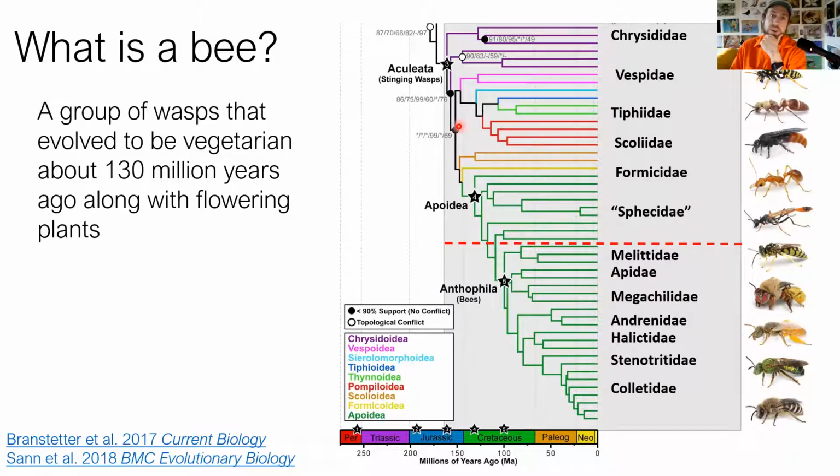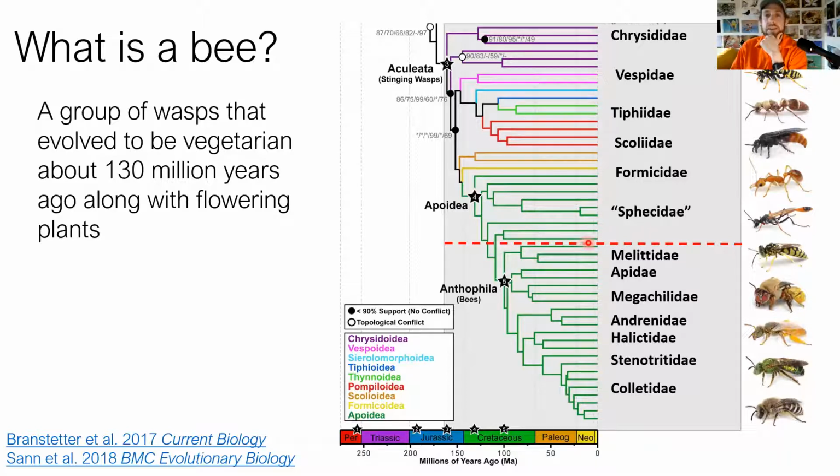And so if we go through this group, we have this common ancestor here, which includes a variety of different wasps and bees. And if we go down to this group, everything descended from this common ancestor here are all bees. And you might point out there's a lot of things that are closely related to bees.